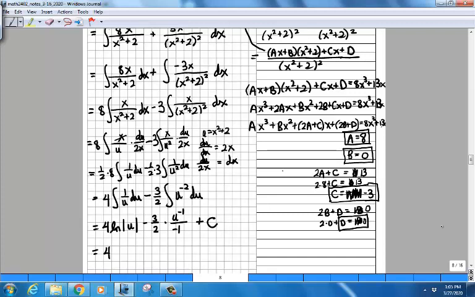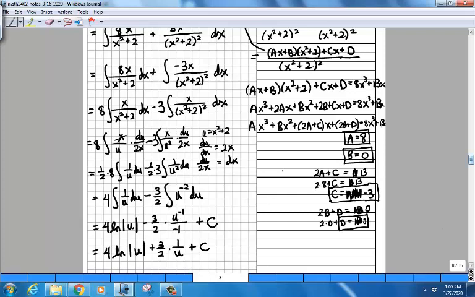So we have 4 natural log of the absolute value of u, right? And then let's see, you're dividing by minus 1, so that's going to end up being plus 3/2, right? And then u to the minus 1 is 1 over u, correct?